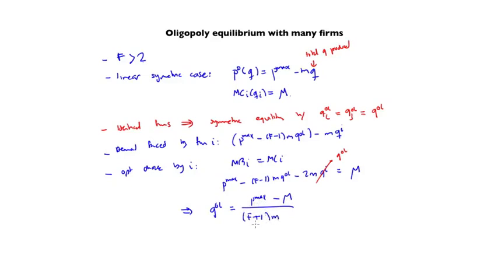Notice that this is the quantity per firm in equilibrium. It's not the total quantity. The total quantity is F times this.